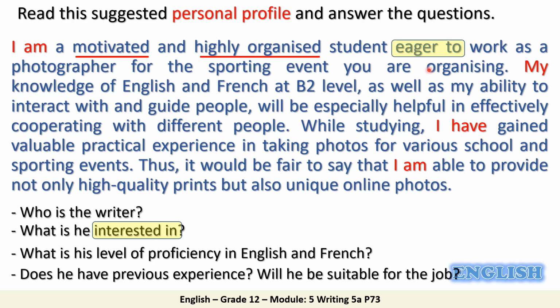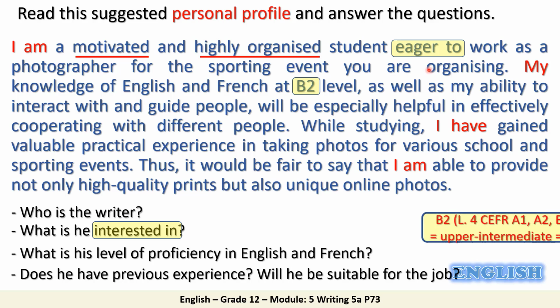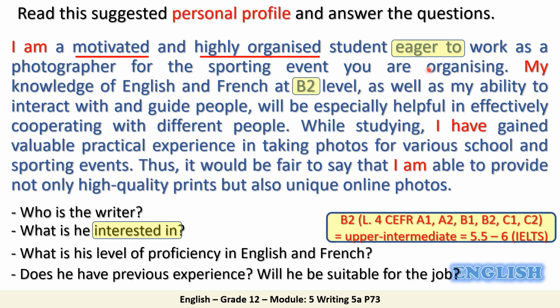How about his level of proficiency in English and French? He says that he is at B2 level. For your knowledge, B2 is level 4 out of 6 levels according to the Common European Framework of Reference for Languages, or according to the Council of Europe.